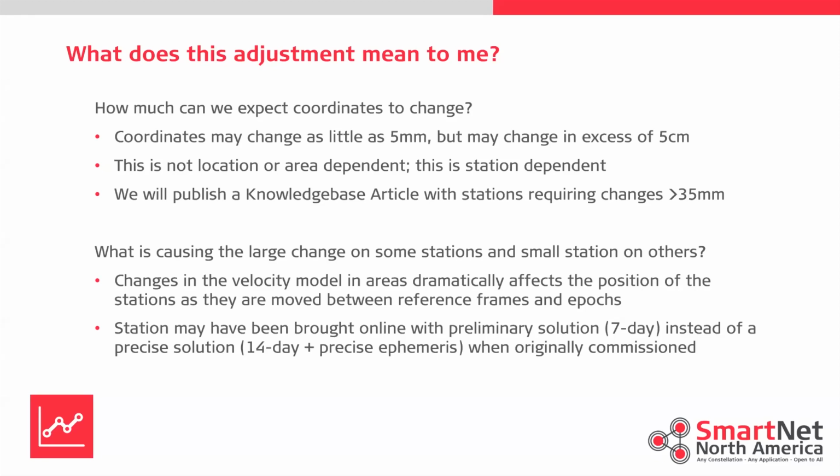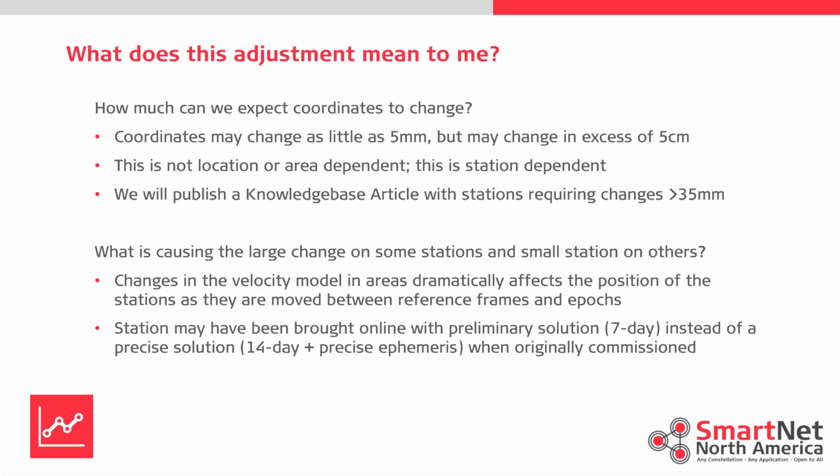So velocities have changed because of more data, because of a better velocity model. You've actually seen where stations flip velocities, where they were negative in a direction and now they're positive in another direction. Was that a real change in velocity? No, not necessarily a real change in velocity, but because this station was now a measured velocity as opposed to a modeled velocity, it can have appreciable impacts, even if it's only like 2 or 3 millimeters.